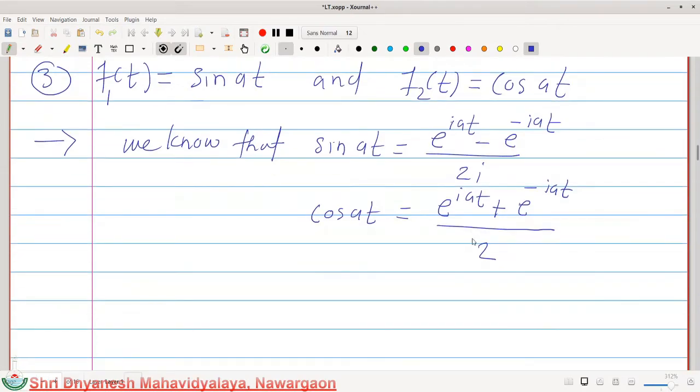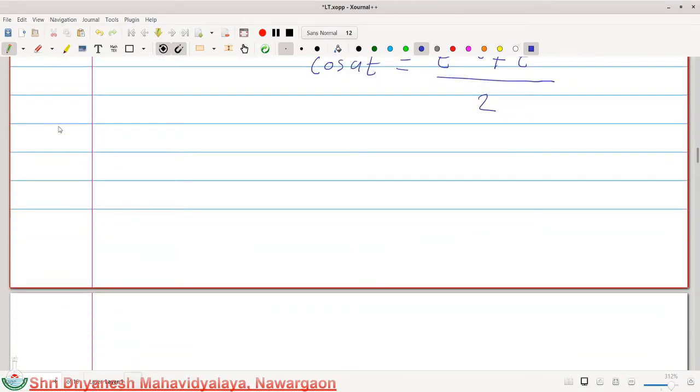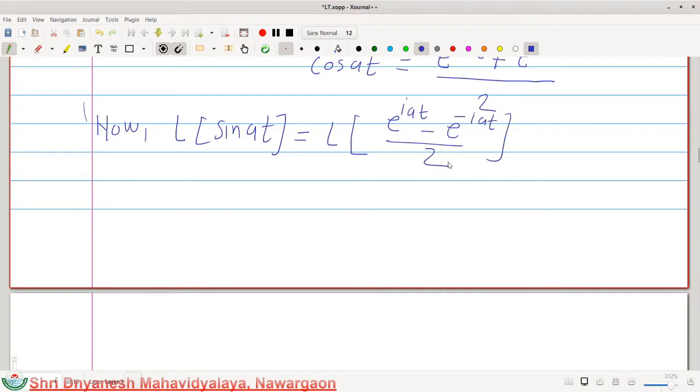Okay, so now the Laplace transform of sin at is nothing but the Laplace transform of e to the power iat minus e to the power minus iat upon 2.